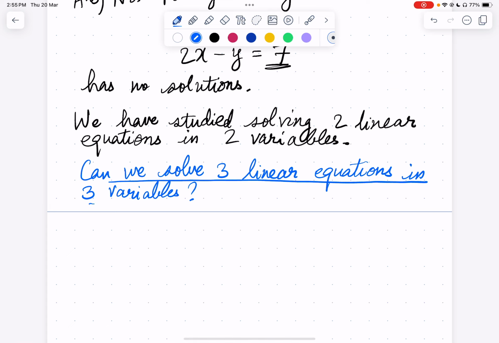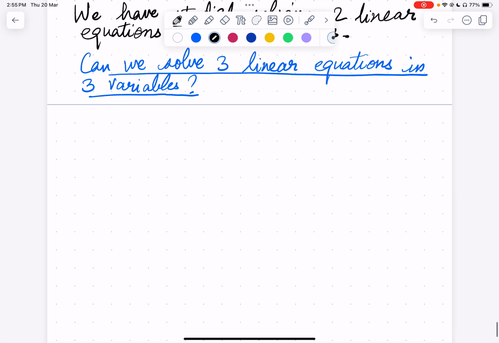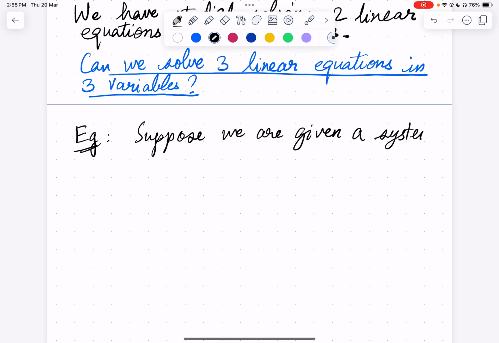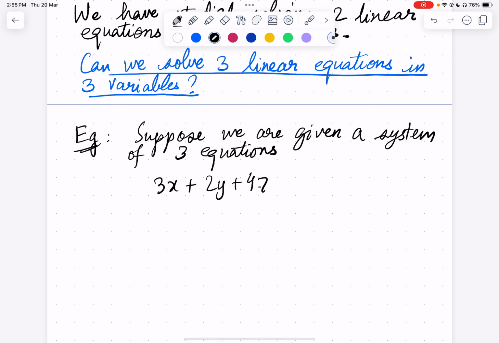Suppose we are given a system of three equations: 3x plus 2y plus 4z equals 1, minus x plus y plus 2z equals 2, and x minus 3y plus z equals minus 1.